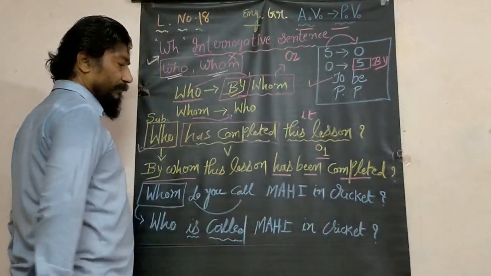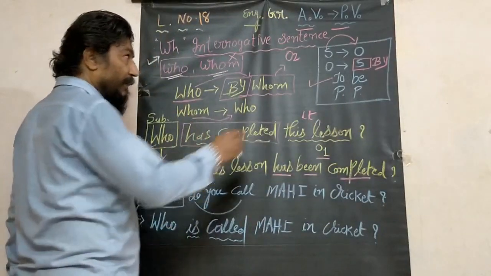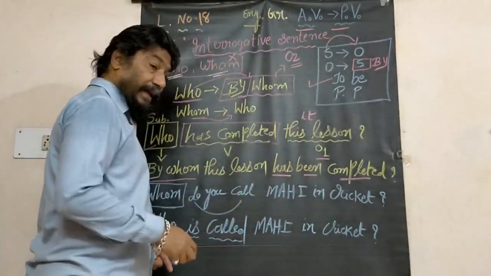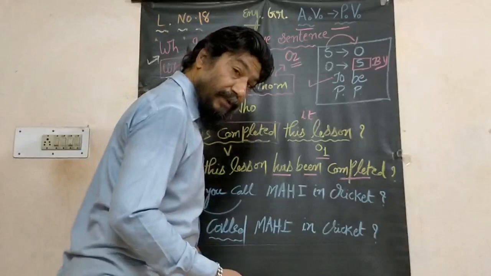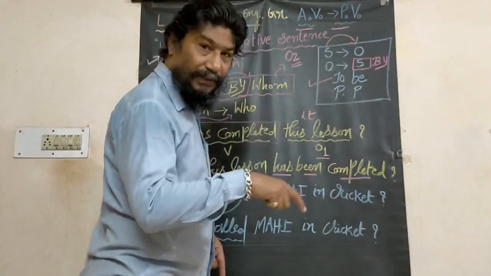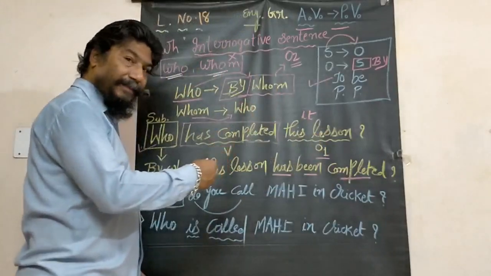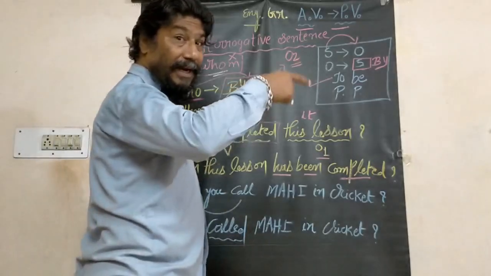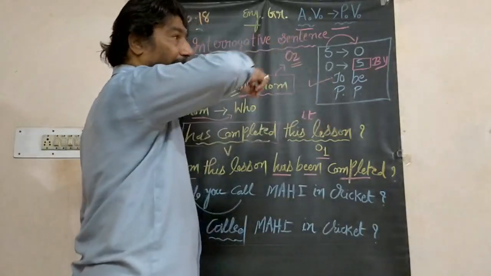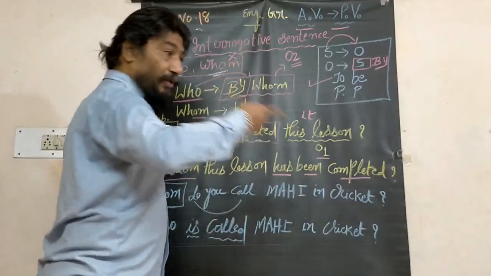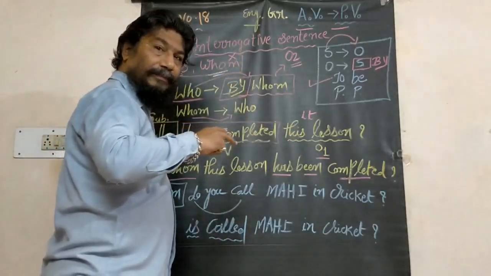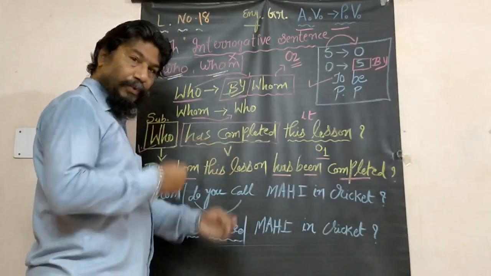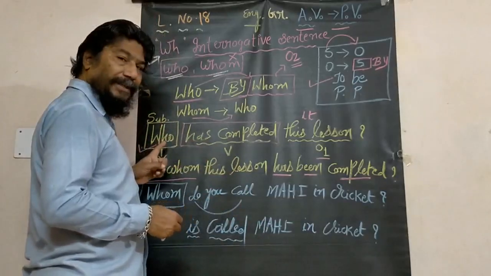What is whom? Whom is always with O2. When O2 is used and if OC form, objective case form, is used, it should be converted into NC form, nominative case form. Me was used, that we had completed, transferred me to I, us to we, you to you, her to she, OC to NC. Same condition is here.